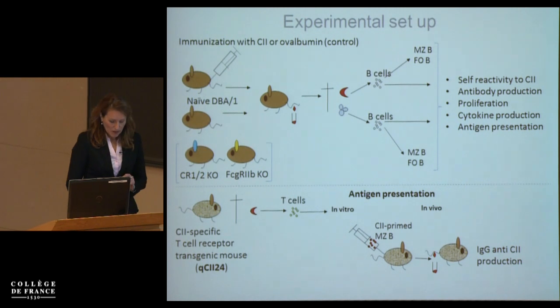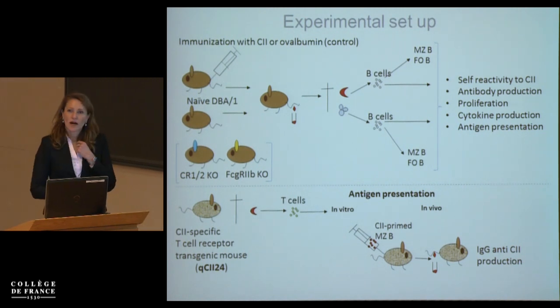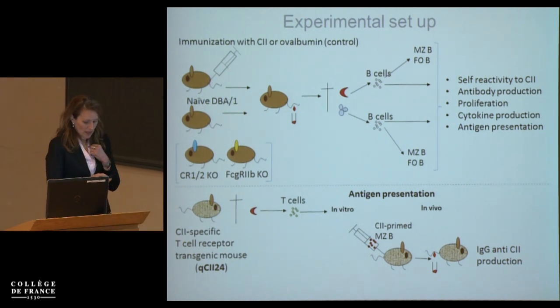In addition, we used a mouse that was also a DBA1 mouse, but a little bit different. In this one we have introduced a T cell receptor that is specific for collagen. So this is a transgenic mouse where we introduced a gene that is specific for collagen, so the T cells here are specific for collagen.